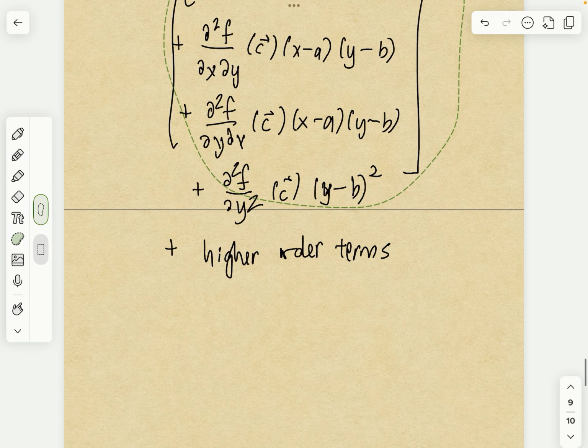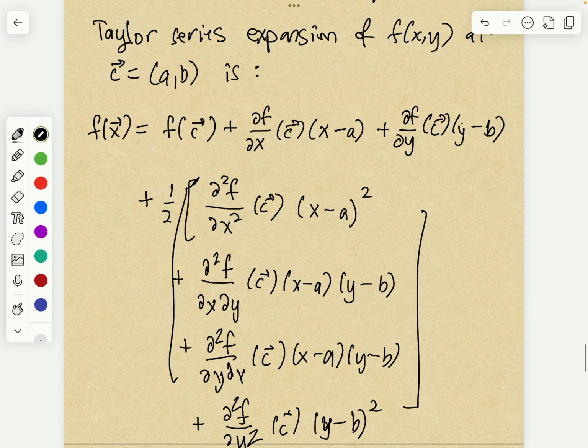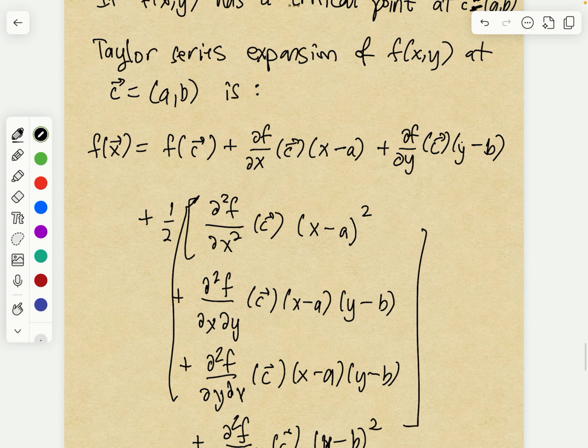And then you have higher order terms corresponding to when you take the third partial derivatives, right? You're going to have 9 of those. And what happens is when you have a critical point, right? So this is a critical point.